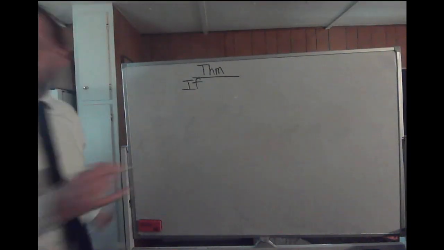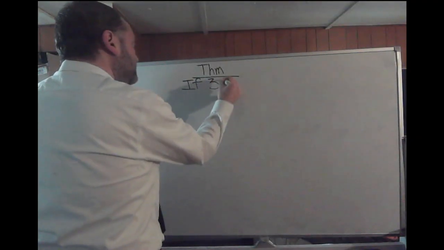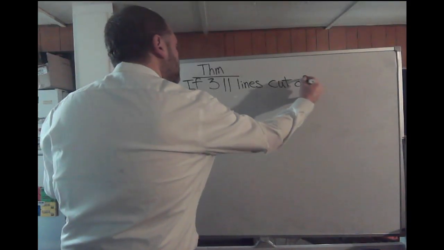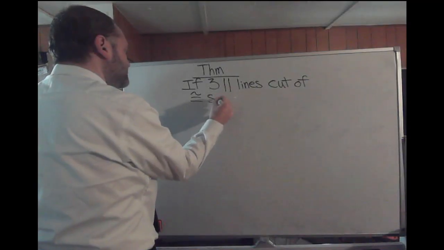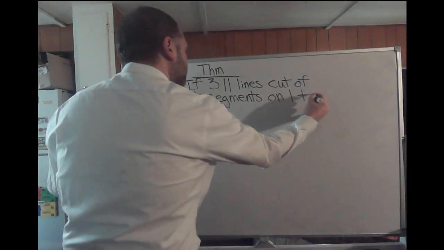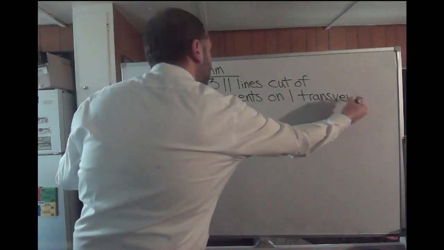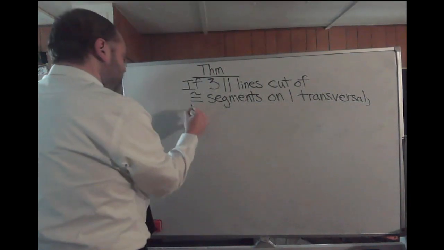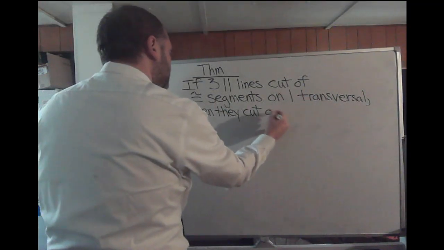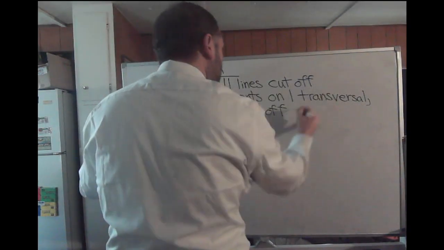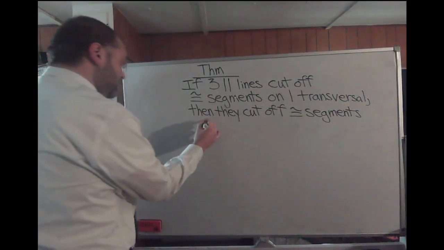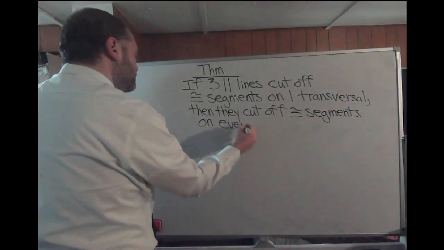If three parallel lines cut off congruent segments on one transversal, then they cut off congruent segments on every transversal.